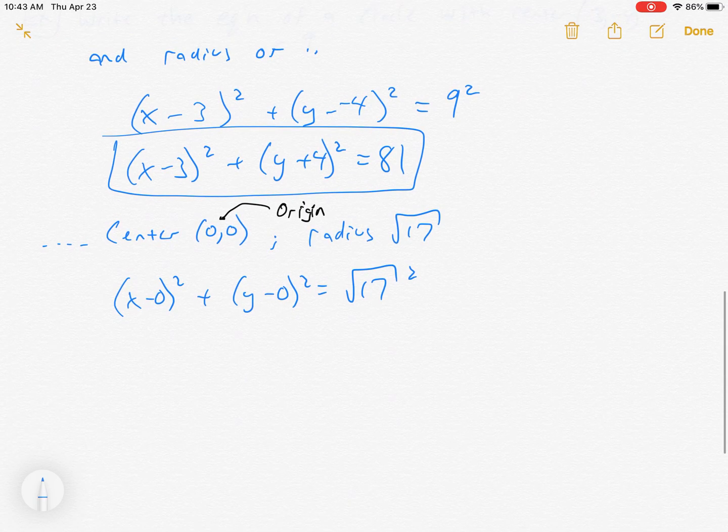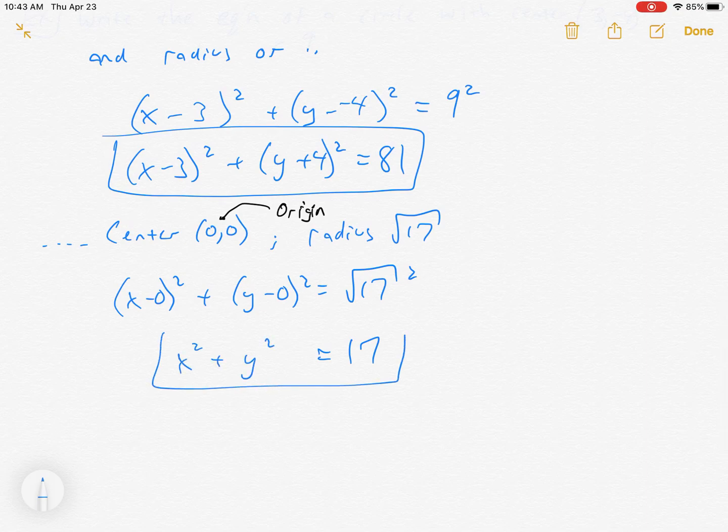So it would be x minus 0, quantity squared, y minus 0, quantity squared, and you're thinking, oh no, square root of 17, really have to deal with this? But you're squaring it. And when you square the square root of 17, you just get 17. x minus 0 is x, y minus 0 is y. So this one looks like this.